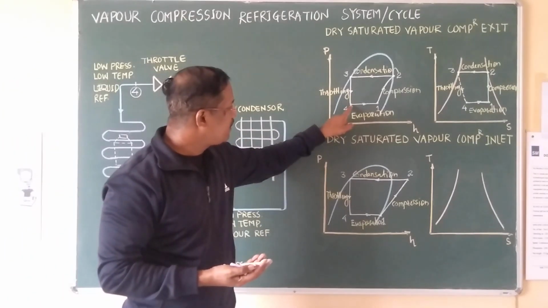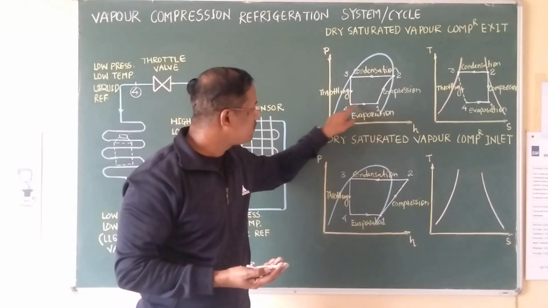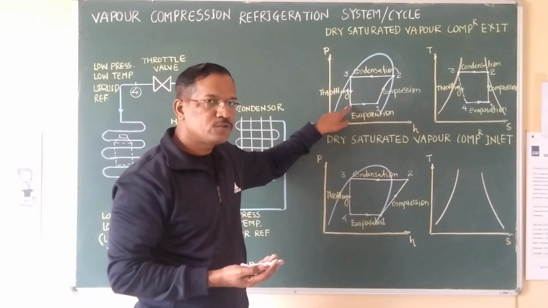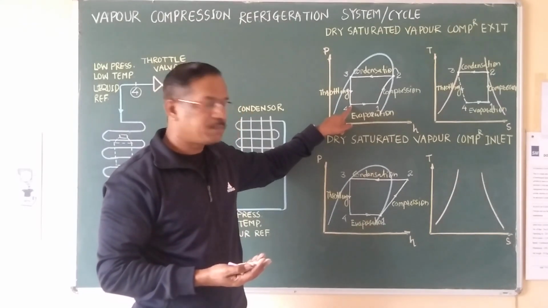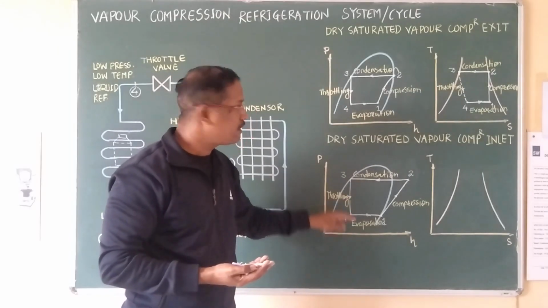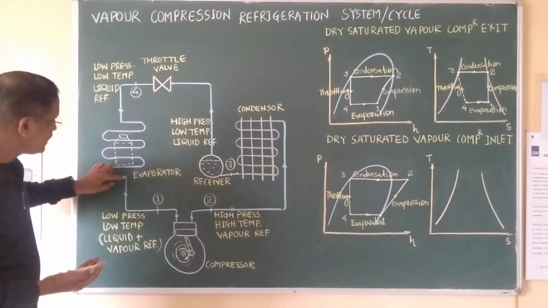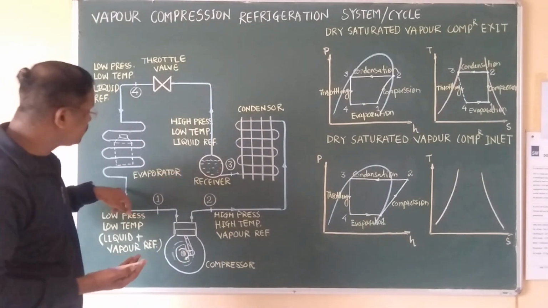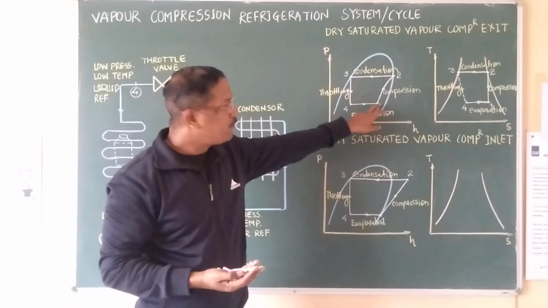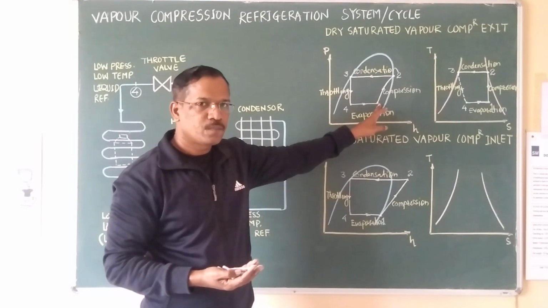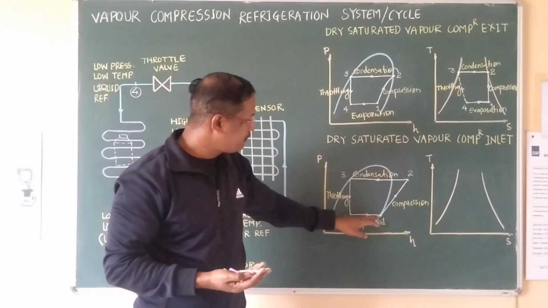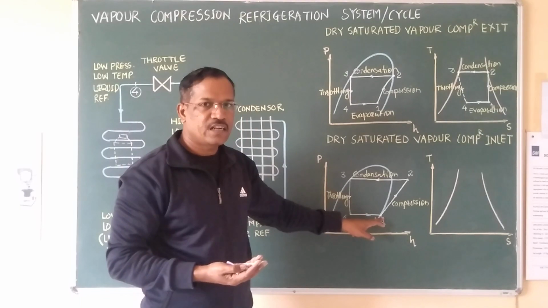So at the entry of the evaporation process, point 4 shows that it is a mixture of vapor and liquid, that is wet vapor. Here also it is a wet vapor. After evaporation it reaches wet vapor. Dryness fraction is different, but it is still wet vapor. But here after evaporation it has reached dry saturated vapor.